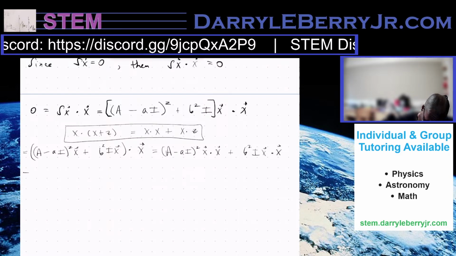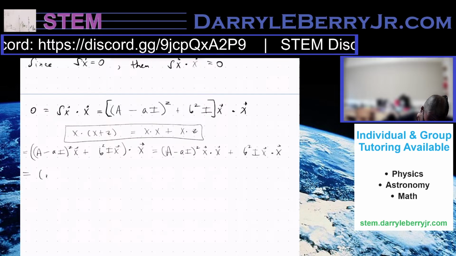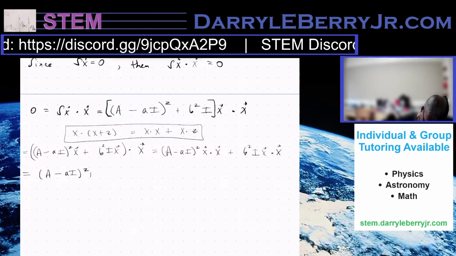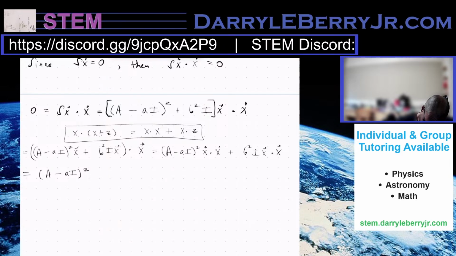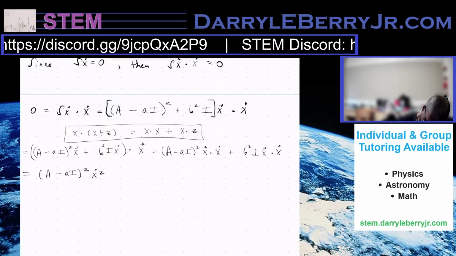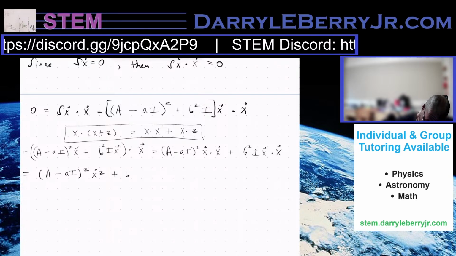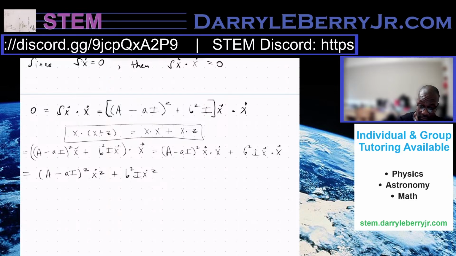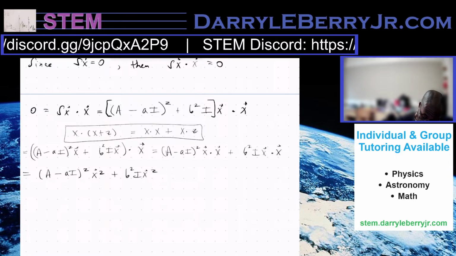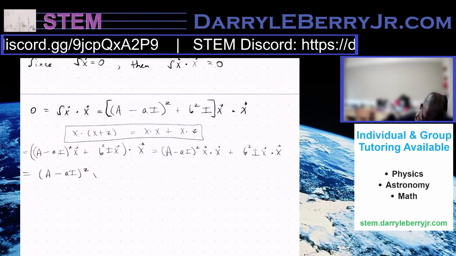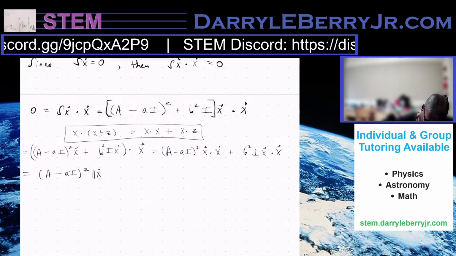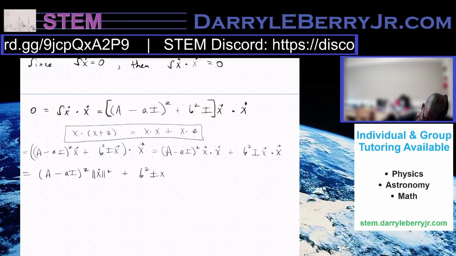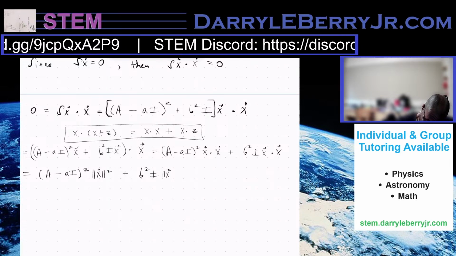So basically, this would be (a minus ai) squared plus b squared I squared, over its magnitude squared plus b squared I magnitude of x squared.